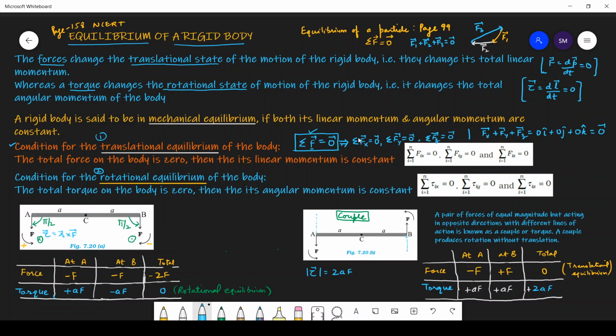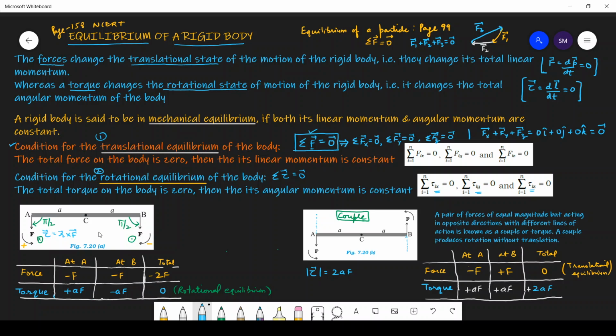Separately they must be zero along the x-axis, the y-axis and the z-axis. And for rotational equilibrium, similarly, the net torque must be zero. So the net torque must be zero along the x-axis, and along the y-axis and the z-axis separately.